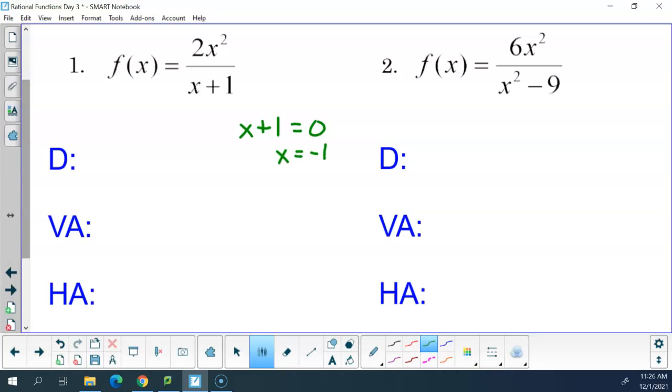So my domain then is capital D, colon, all real numbers, x cannot equal -1. My vertical asymptote would then be x equals -1, my restriction, my exemption, whatever you want to call it.